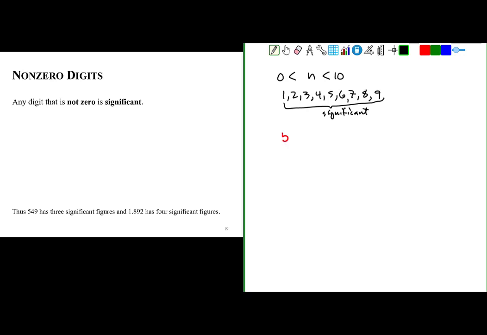So for example, the number 549 has 3 significant digits, 5, 4, and 9. The number 1.892 has 4 significant digits, because 1, 8, 9, and 2 are not 0. The number 4023, well, we don't know yet. We know it has at least 3 significant digits. It may have 4 significant digits.